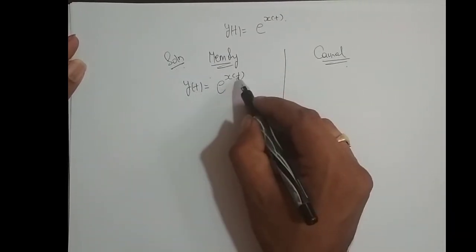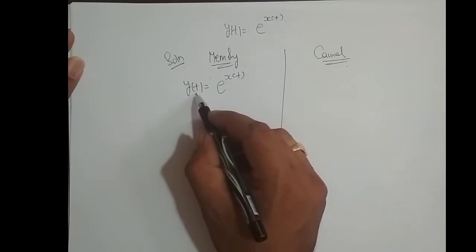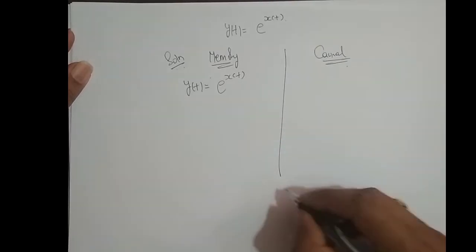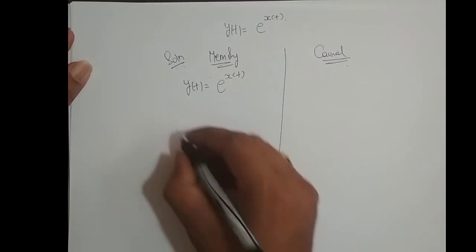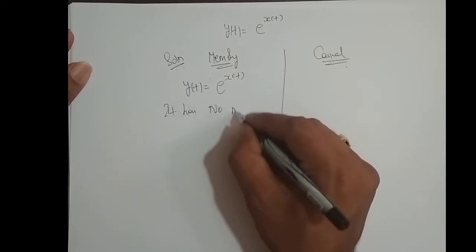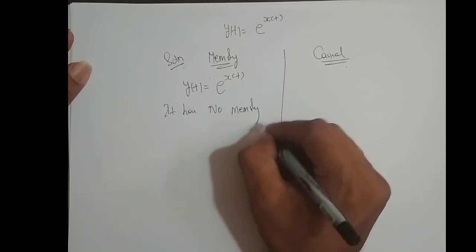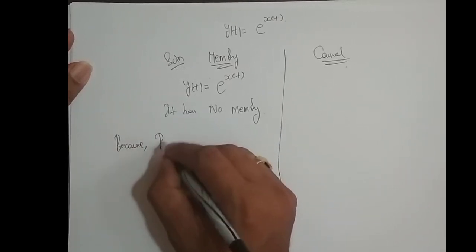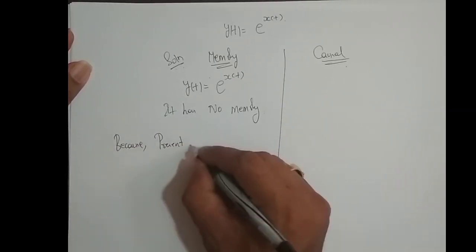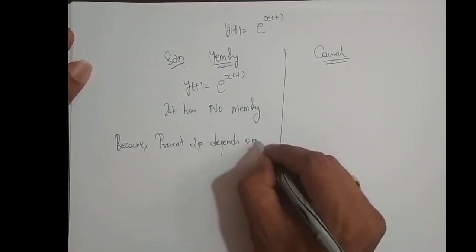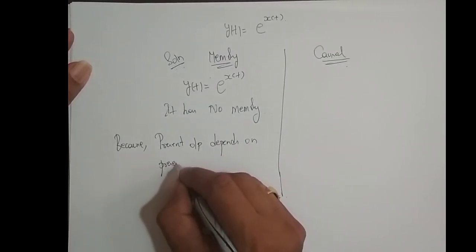So whatever the value of t you put, the same value of t goes to the input also. So present output depends upon present input value. So what is the conclusion? It has no memory. Why? Because present output depends on present input.